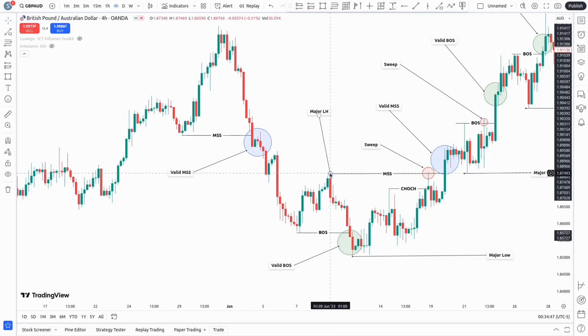Then here becomes our major high. This is a key level that the market has to break for us to consider that we are entering an uptrend. So what happens?